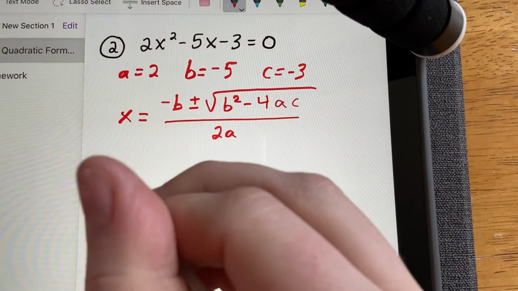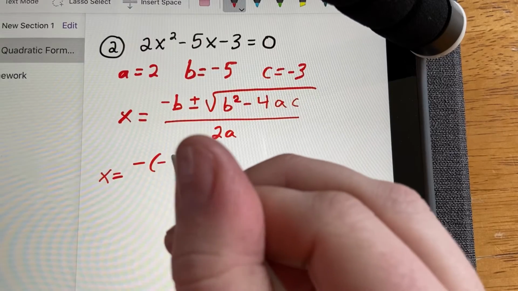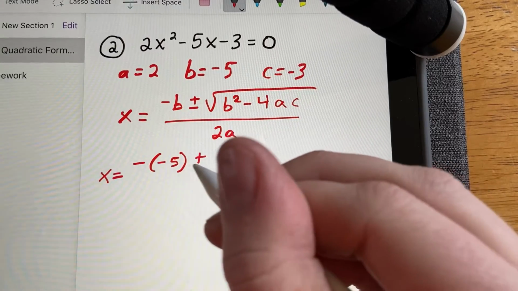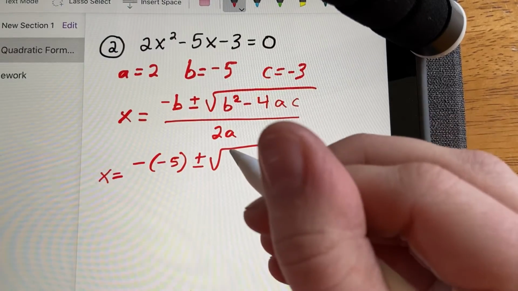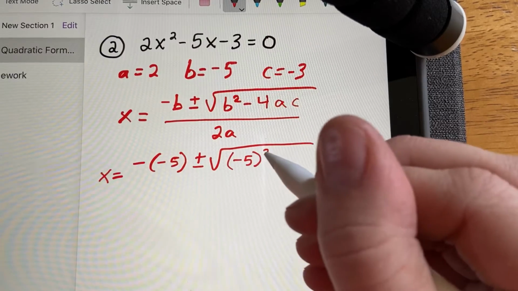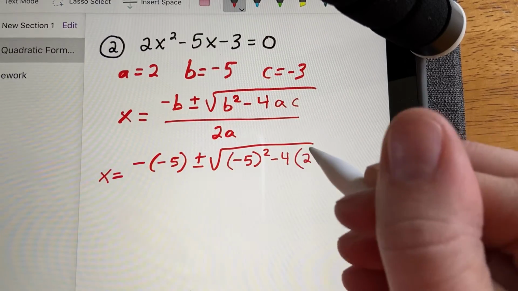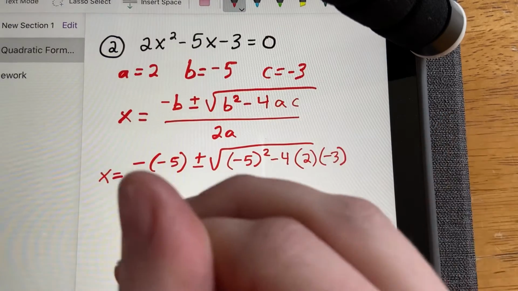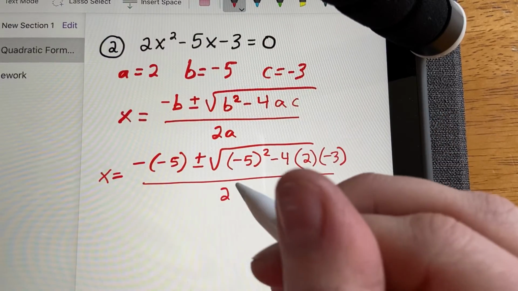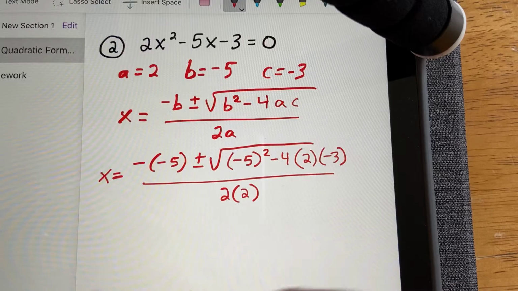So this would be negative negative 5 plus or minus the square root of negative 5 squared minus 4 times 2 times negative 3, and that's all over 2 times 2.